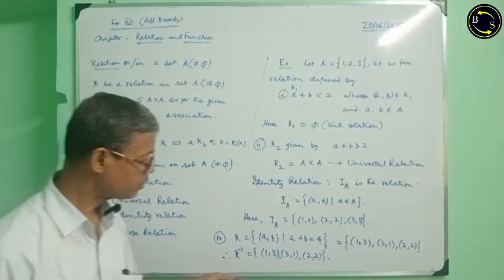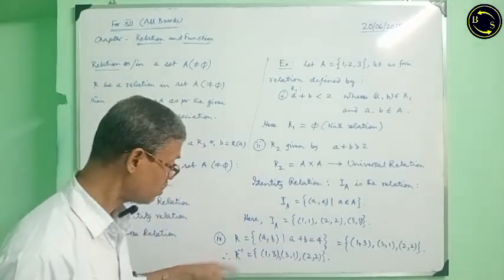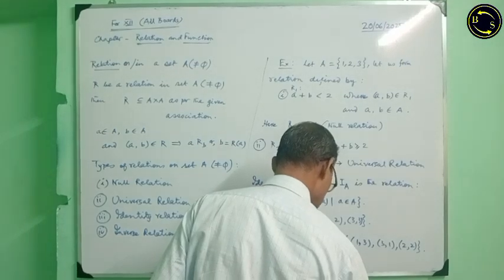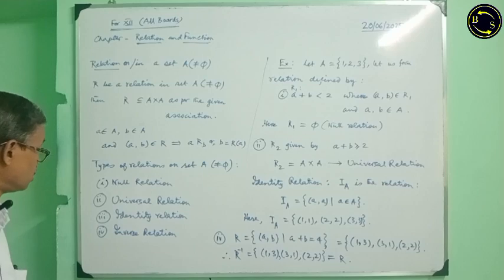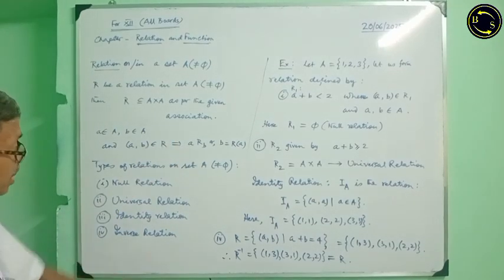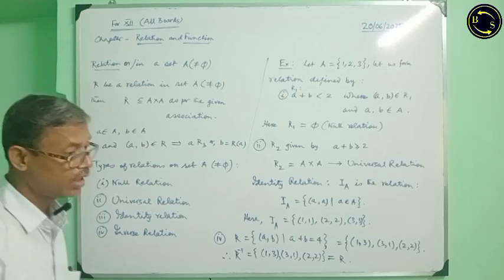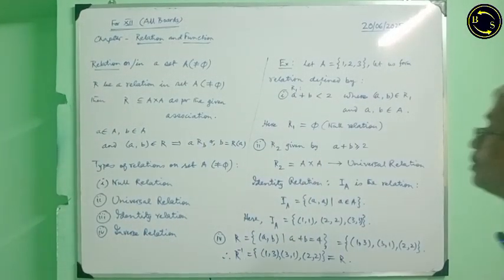In this case, interestingly, the inverse of this relation is the relation itself. Thus, I have described these 4 types of relations. Then we have more varieties.